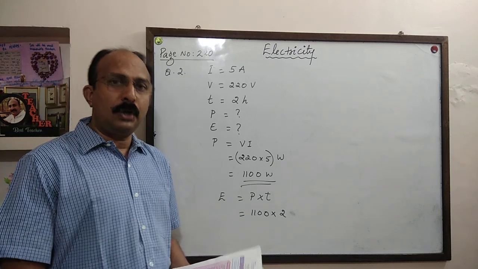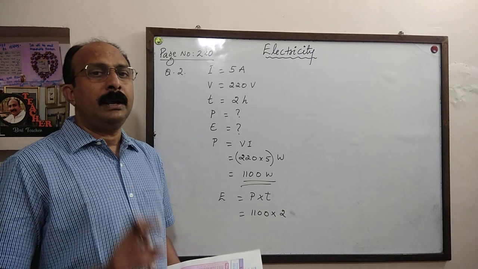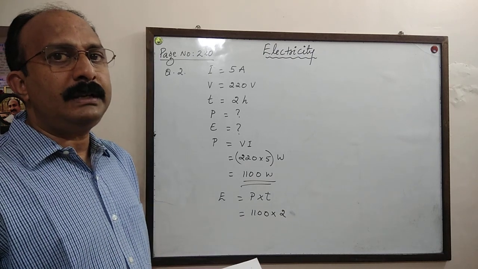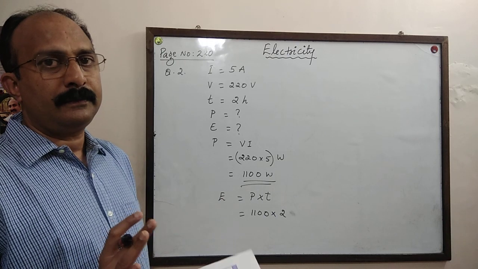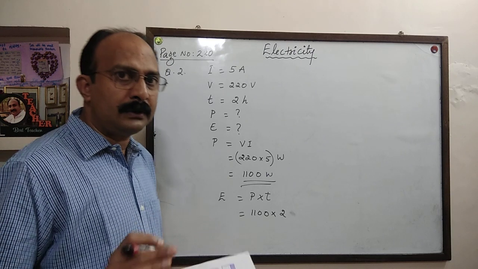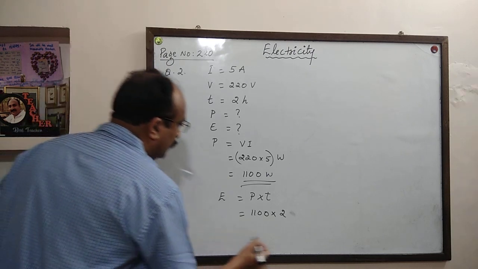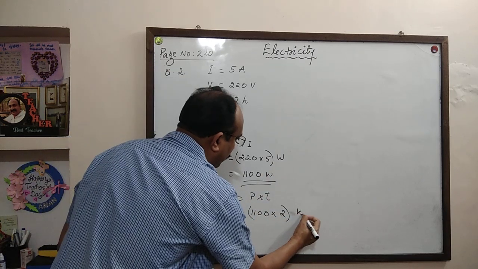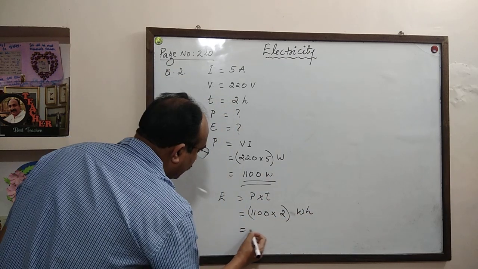Electrical energy is not normally measured in SI unit, but in the commercial unit, which is kilowatt hour. So we are taking the time in hour only. 1100 into 2, and since power is in watt, the unit will be watt hour.